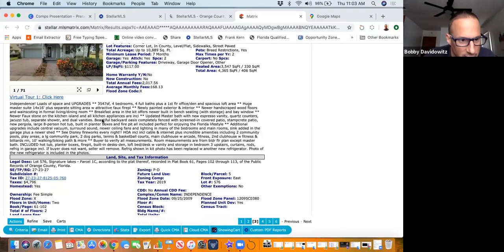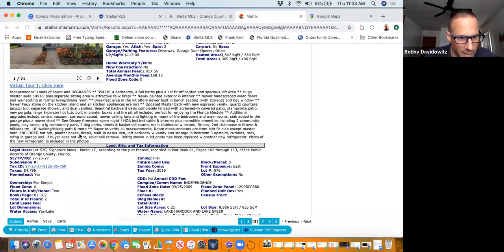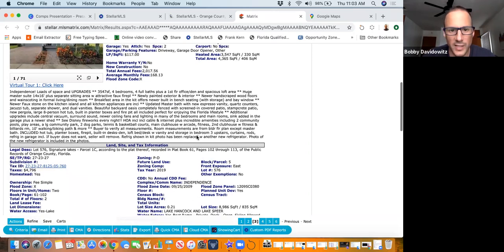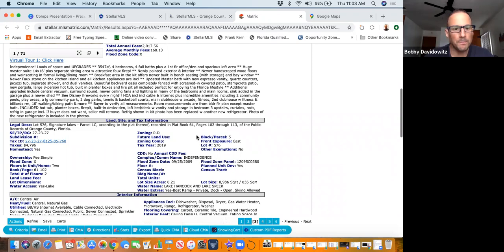Basically it looks like breakfast area, newer built-in bench seating. These are all kind of updated. Master bath with new espresso vanity, quartz. Additional upgrades include central vacuum, surround sound, newer ceiling fans. So it has some upgrades to it. Included hot tub, planter boxes, blah, blah, blah. But I don't see that there's a new roof or a new AC or anything like that. So we got a good picture of what our property is about.